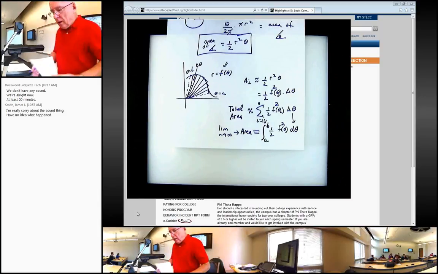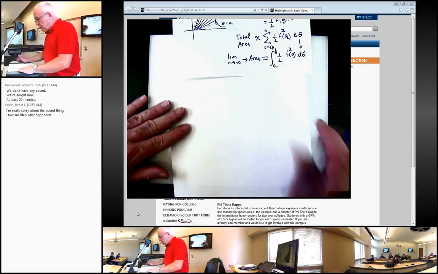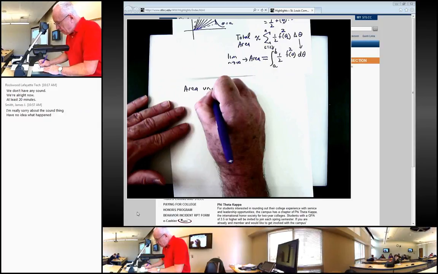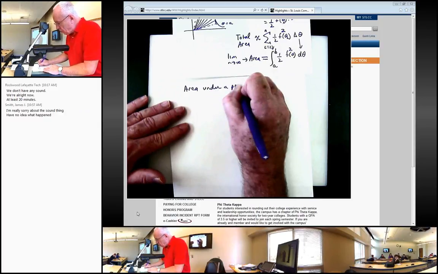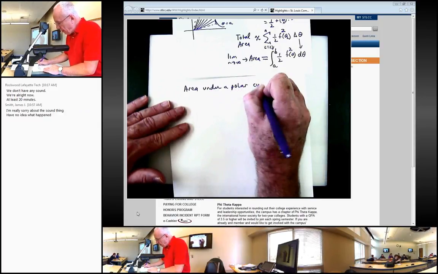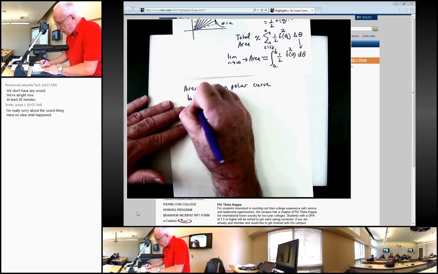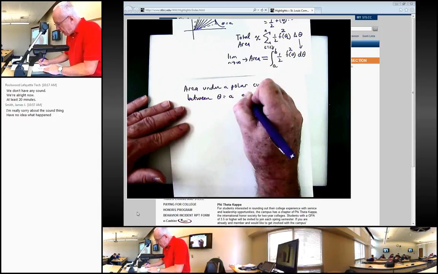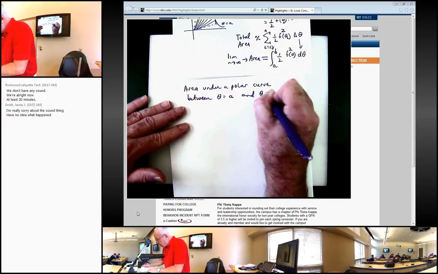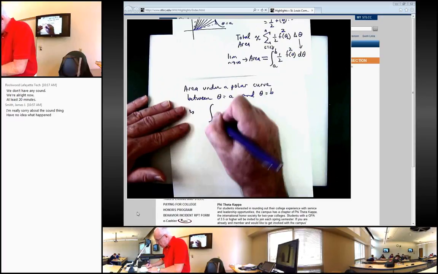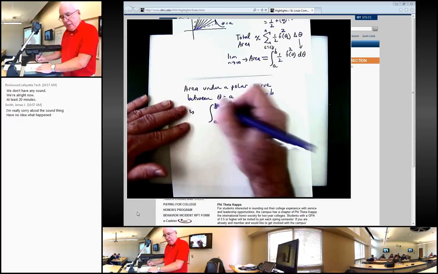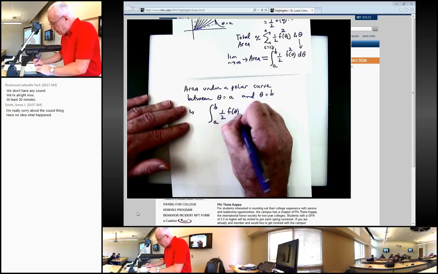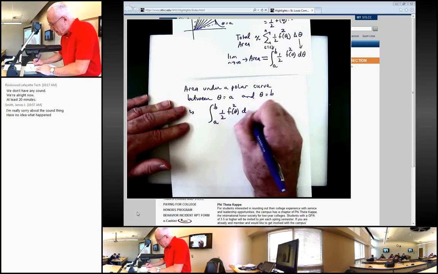So let me rewrite this, because this is the formula you'll need to remember. The area under a polar curve between theta equals A and theta equals B is the integral from A to B of 1/2 f of theta squared d theta.